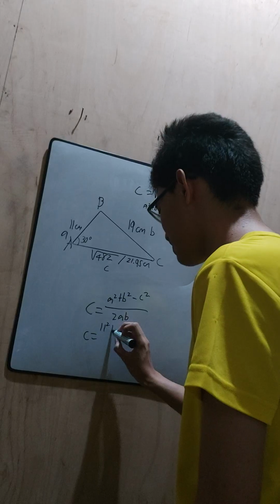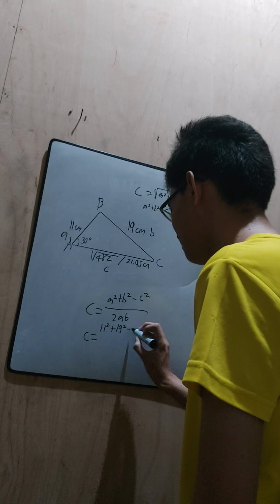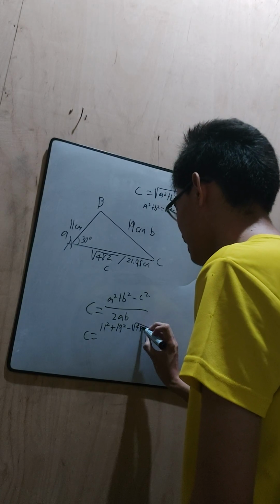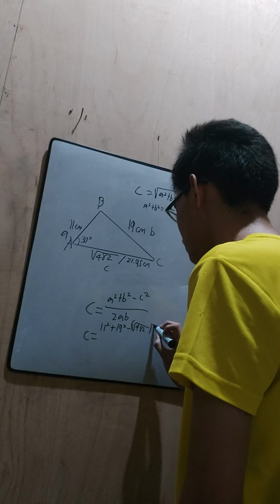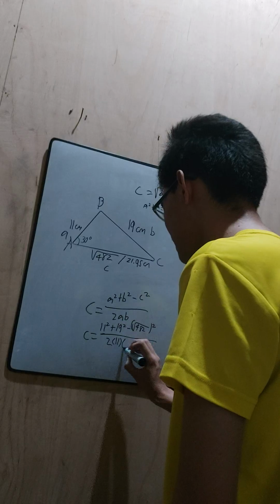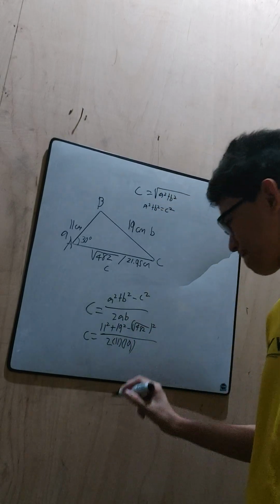So 11 squared plus 19 squared minus square root of 482 squared, over 2 multiplied by 11 and 19. There we go.